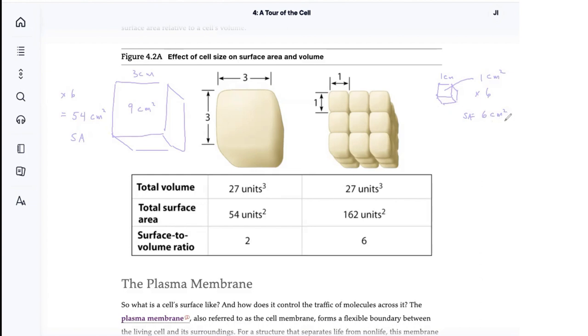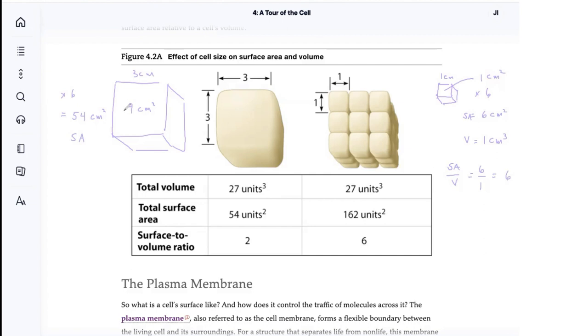Okay? The volume is increasing at a much faster rate as the cell goes from a 1 centimeter cell to a 3 centimeter cell, right? Because if you look at the total volume of the first cell, it would be 1 centimeter cubed, right? 1 times 1 times 1, that would be giving me 1 centimeter cubed. And so the surface area to volume ratio, surface area divided by volume, the ratio here is going to be 6 to 1, or that's going to be equal to 6.